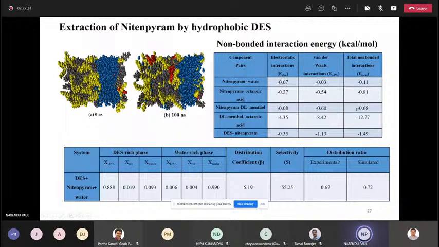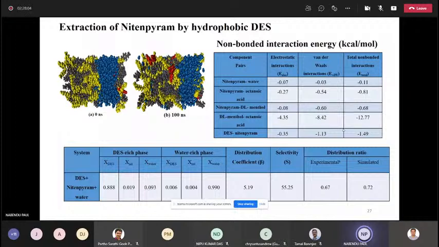But here one thing is that the solubility of nitenpyram is higher in water as compared to the DES, because it has a higher solubility with water, which makes it difficult for the diffusive solvent. Though it shows higher interaction, it is still difficult for the drug to cross the interfacial barrier.